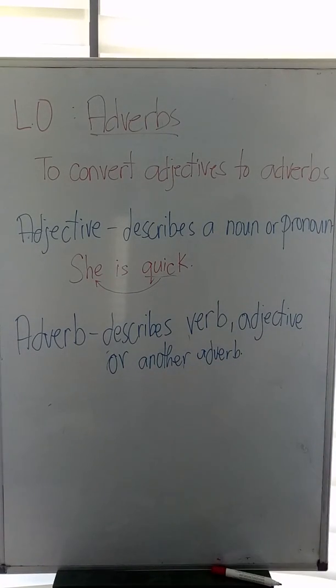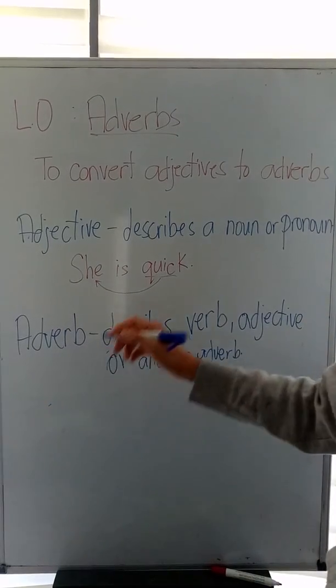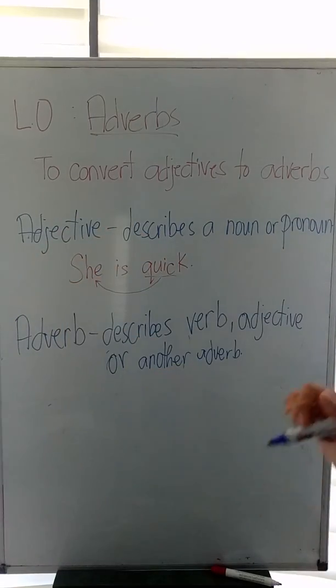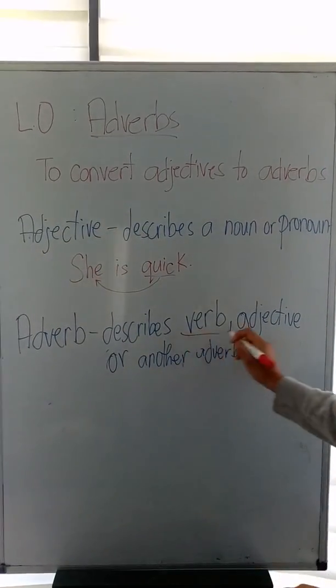Okay, so in a sentence it can describe a verb, or it can describe an adjective, or it can describe another adverb. So that's adverb. If it's gonna describe a noun, that's the job of adjective. So let's not confuse it.